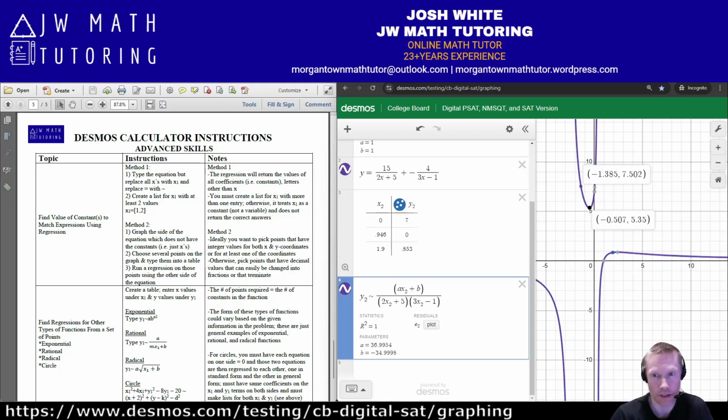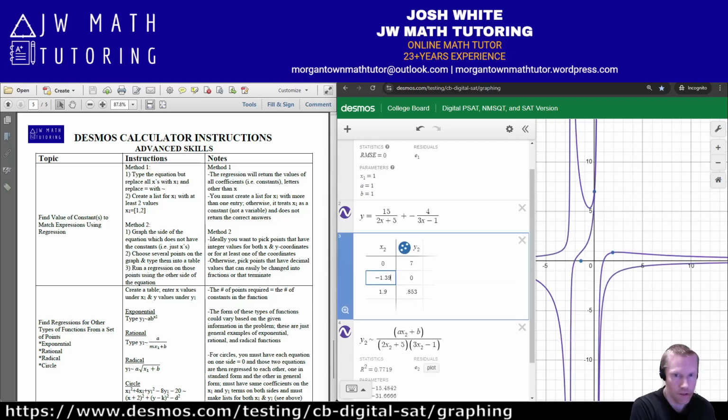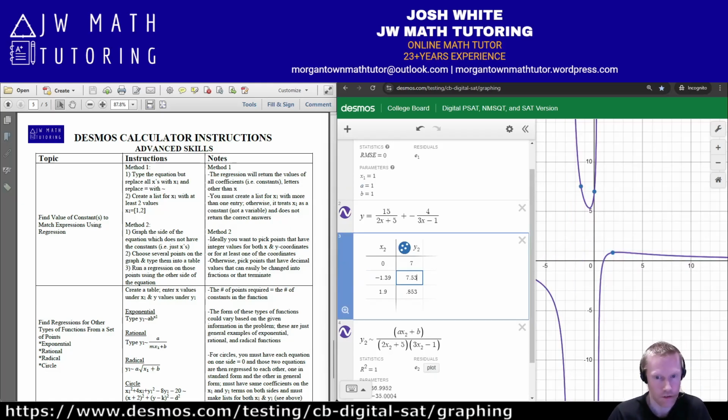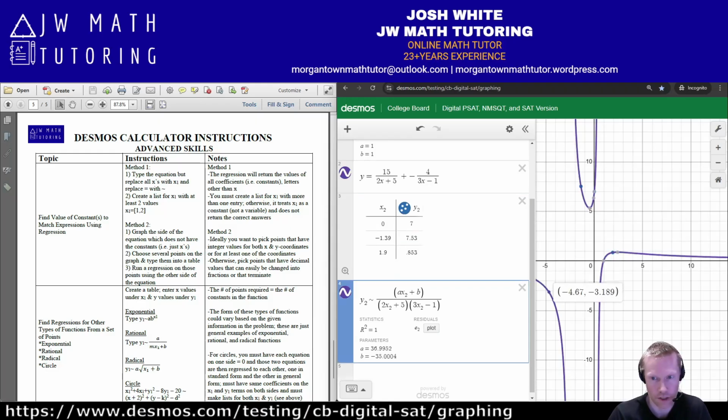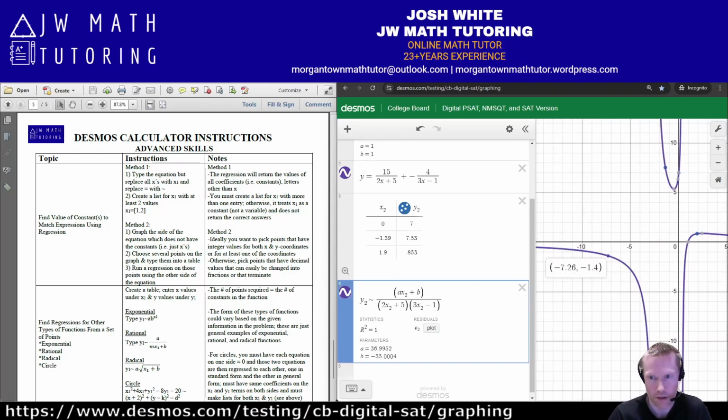Okay, so like here it looks like the negative 1.397.53. Let me just see, it gets a little bit closer now, but it's still not exactly at 37 and 39, which is what we're looking for.